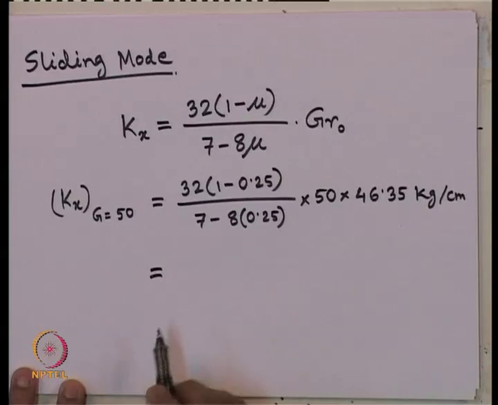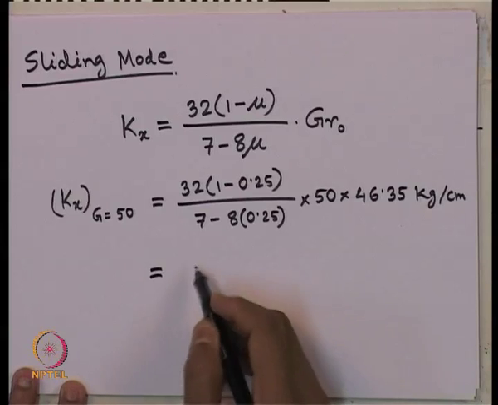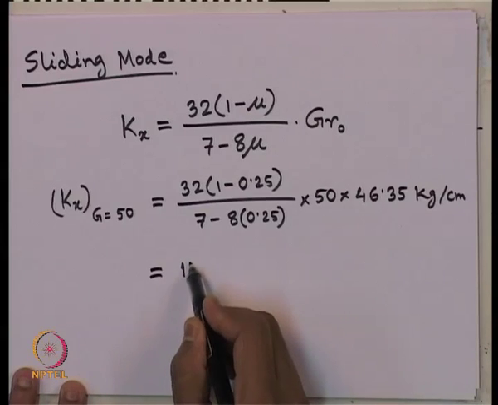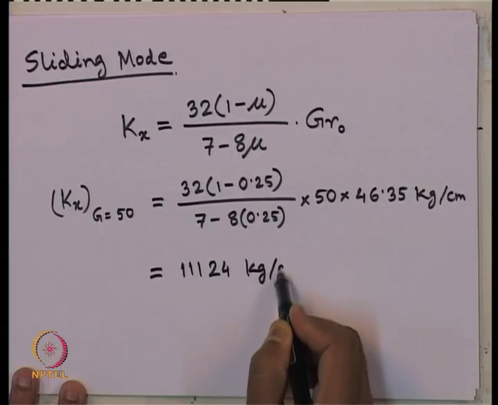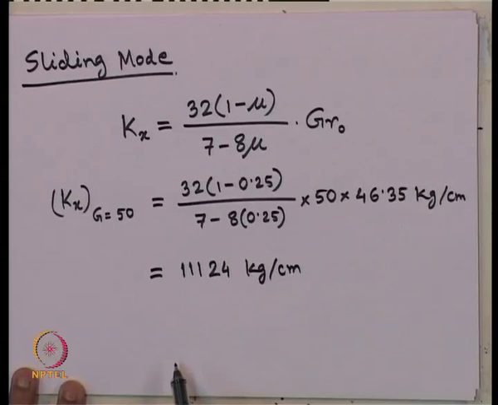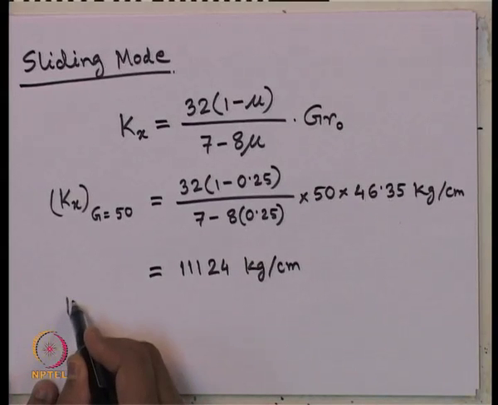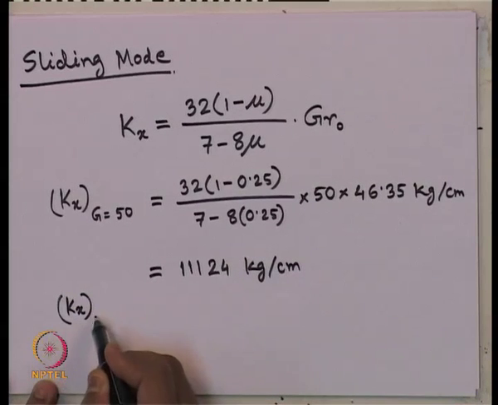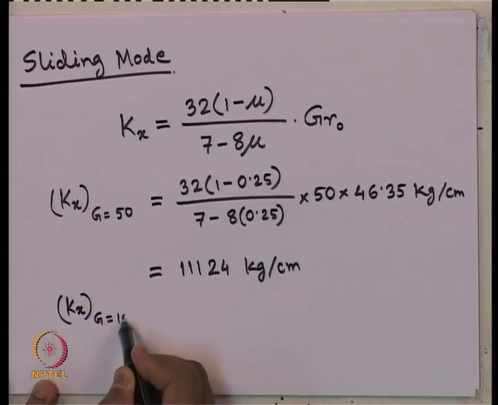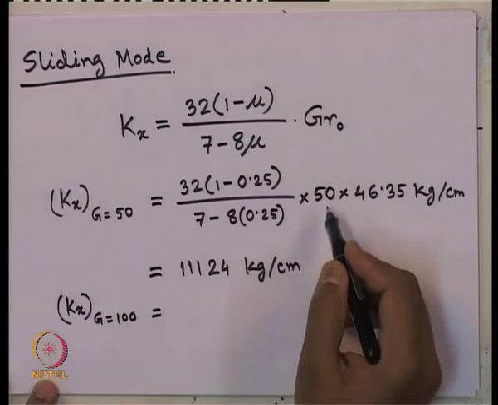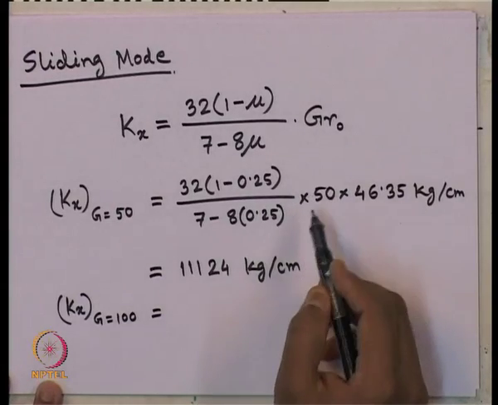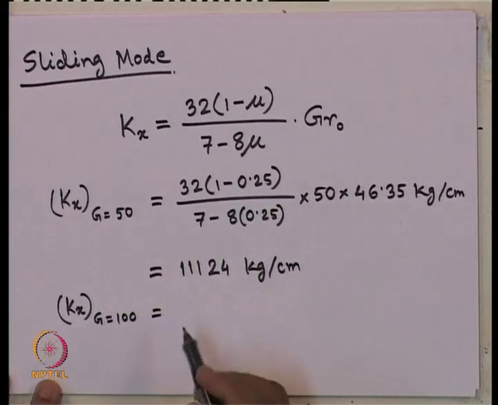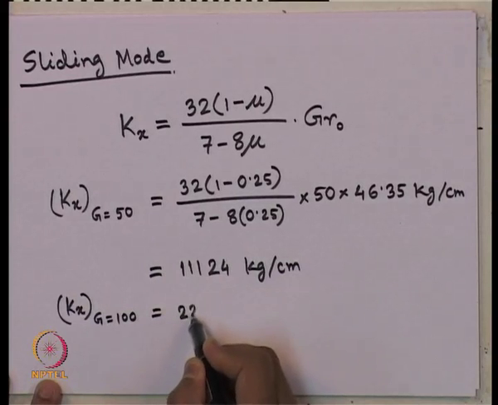So, let us compute how much it is coming. For the other two types of soil, k x for G equals 100 will be again just linearly increasing, because G is linearly increasing, just double of the previous one.